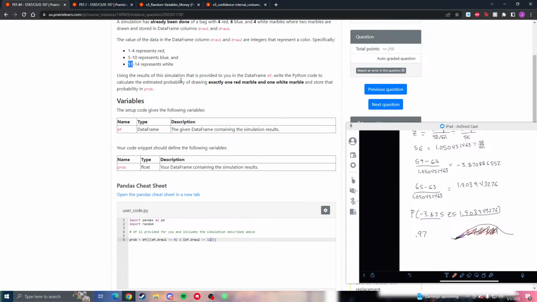You can't go higher than 14, so if it's greater than 11, you know it's a white. If it's less than 4, same reason. So that's our first condition. And then our second condition is equal to that.